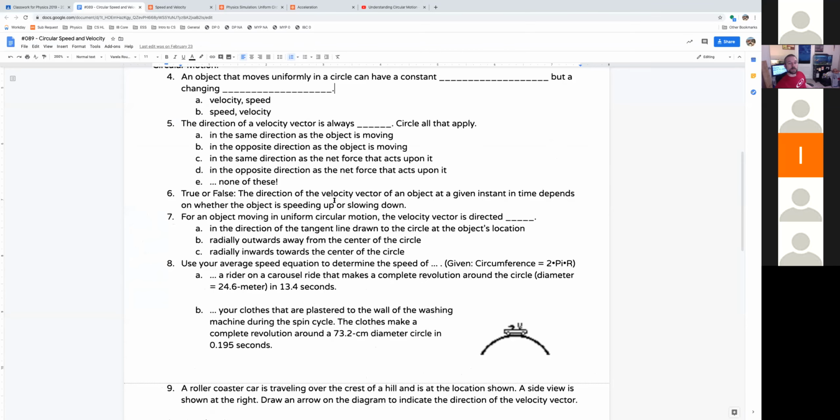So let's go back. The direction of the velocity vector of an object at a given instant in time depends on whether the object is speeding up or slowing down. So what is that, true or false?